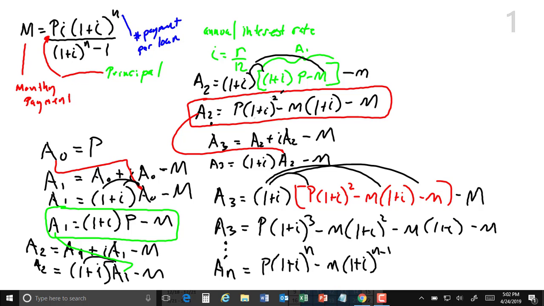See, 1 less than that, that's a 2, right? And then we have M, and then a 1 plus I, just up to the n minus 2. And now we have minus dot dot dot, which means we keep going until this n minus 2 goes to 0, and we're left only with the last payment here. See? So now we have something that generates a pattern.